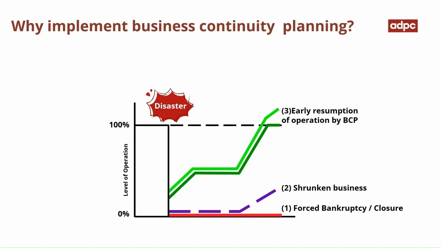In the worst-case scenario, a business may go bankrupt with liabilities for unmet obligations, ultimately resulting in forced closure, as shown by the red line. However, if an enterprise has a BCP, the enterprise can maintain an acceptable level of operation following a disaster event. These enterprises can resume their business activities faster than those organizations who do not maintain a BCP.